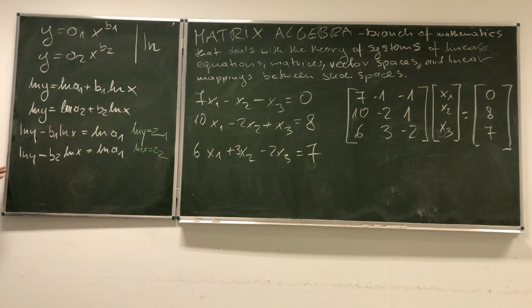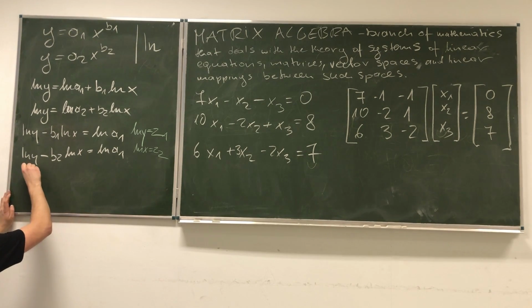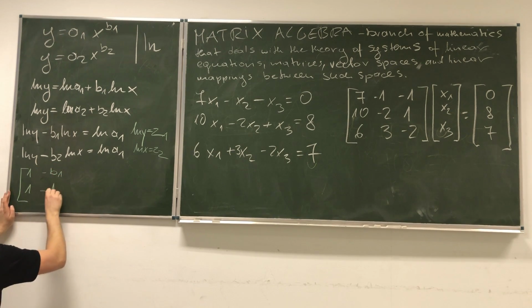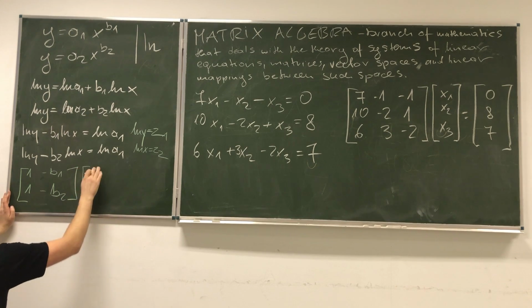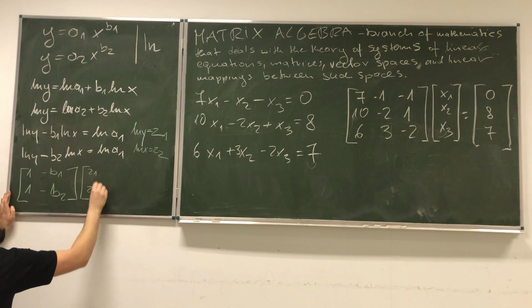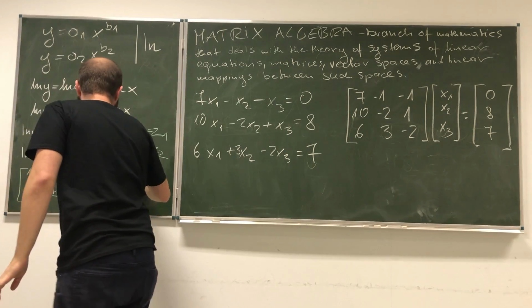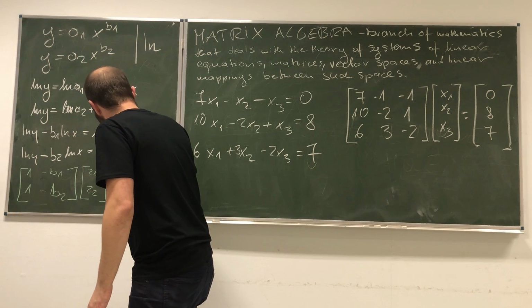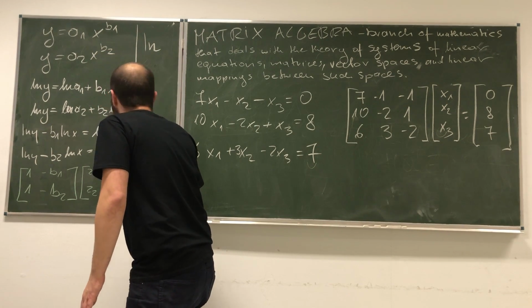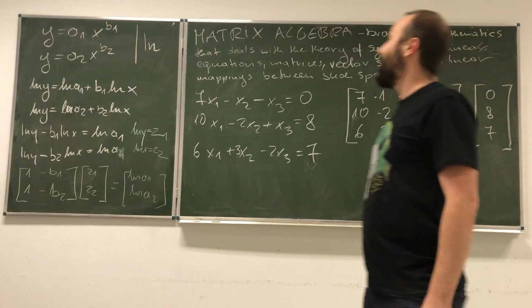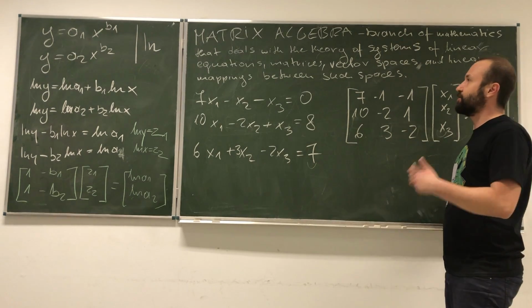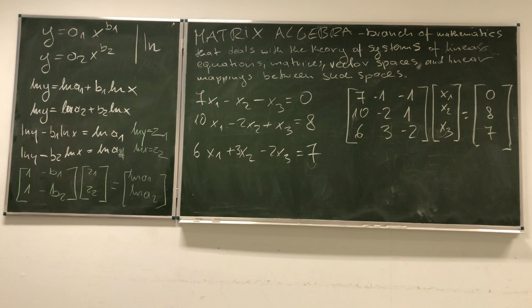And now, look, I can put this system of simultaneous equations in a matrix notation. We have 1, 1, minus b1, minus b2. Here we would have z1, z2. And here we would have two constant numbers. Of course, here it should be ln a1, ln a2.